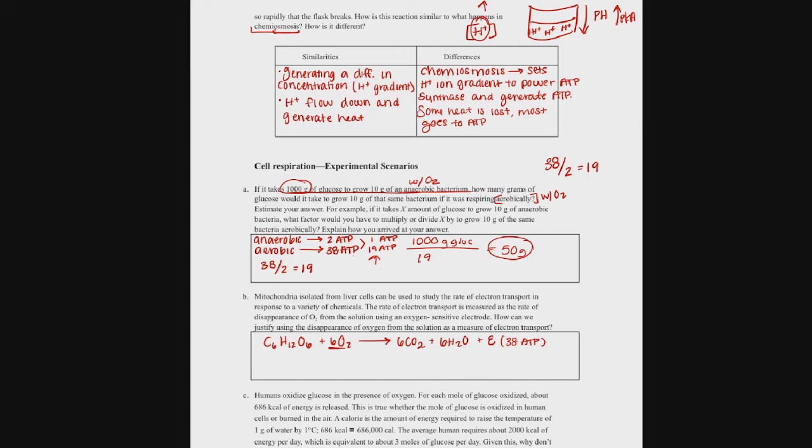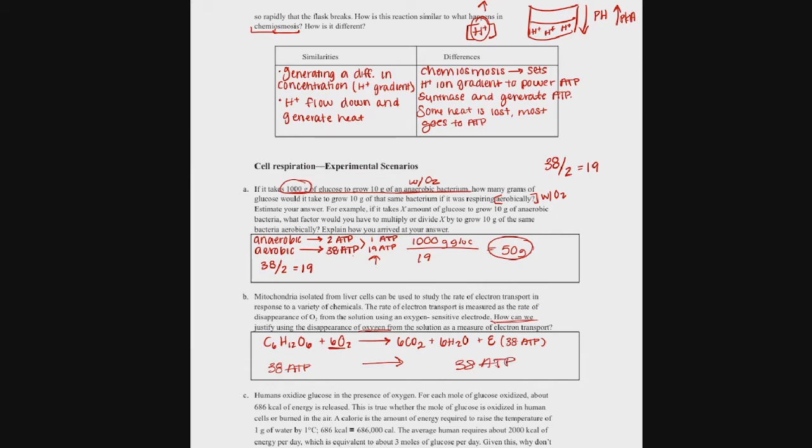But how can we explain the fact that the disappearance of oxygen, because even with this, we can predict that 38 ATP is going to be produced from this. And even though there are 6 molecules of oxygen consumed, we still on this side expect 38 ATP.